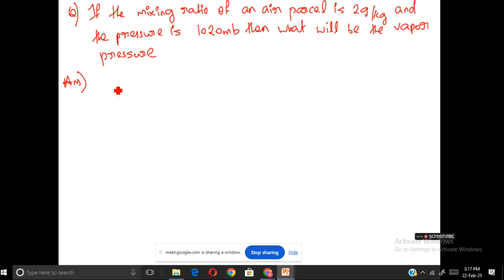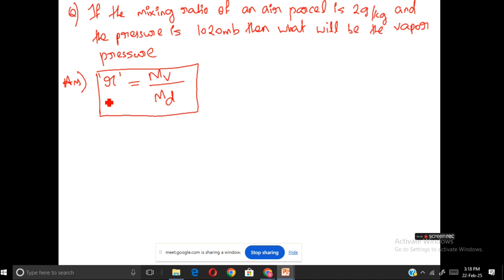Mixing ratio is a term which may not be familiar to you. Mixing ratio is denoted by small r. Mixing ratio is defined as the ratio of the mass of water vapor to the mass of dry air. If we take an air parcel, the ratio of the mass of vapor to the mass of dry air in that air parcel is known as the mixing ratio.